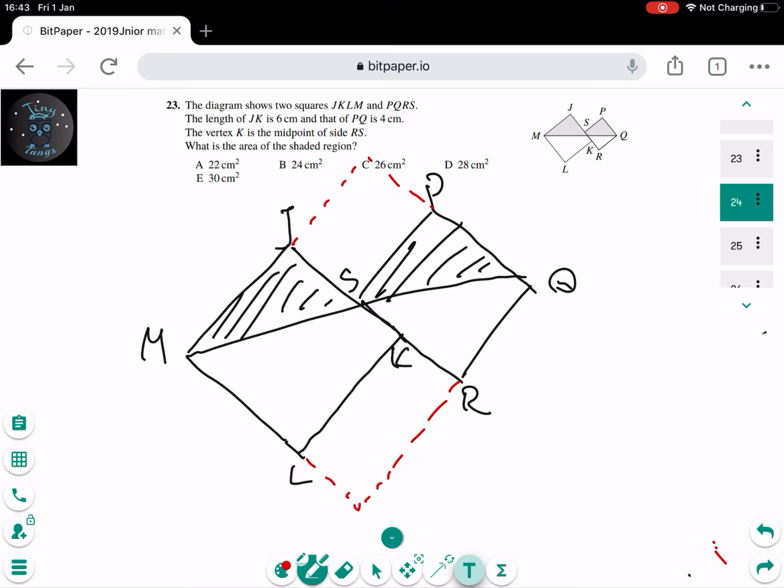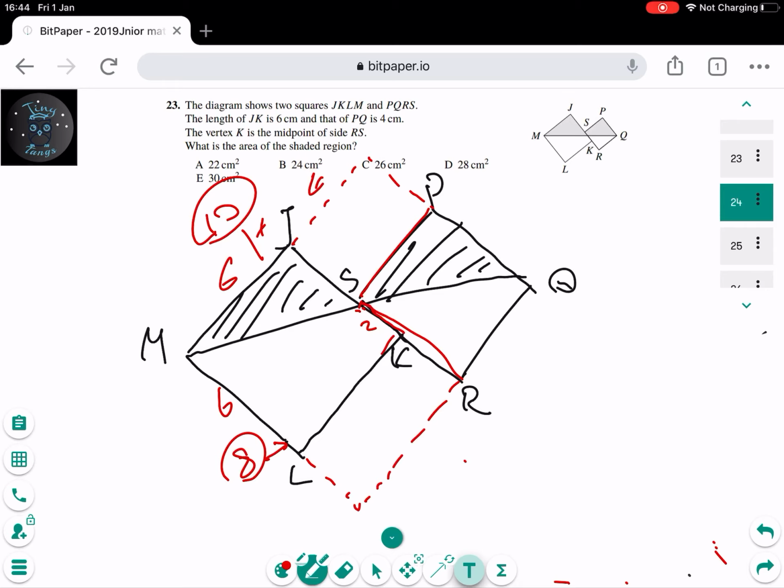We know that this side is 6 and this side is 4. So this length is 6 plus 4 equals 10. And this one is 6 plus 4 minus 2, because this is exactly half, so this is 2. So we get 8 for this side.